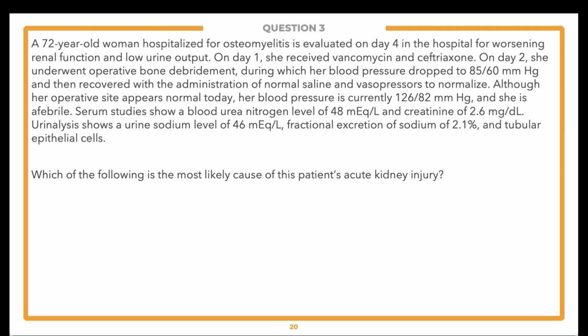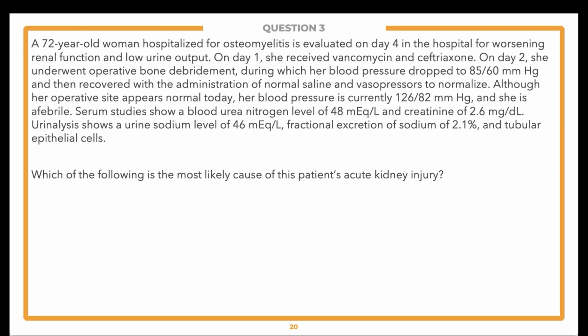A 72-year-old woman hospitalized for osteomyelitis is evaluated on day 4 in the hospital for worsening renal function and low urine output. On day 1, she received vancomycin and ceftriaxone. On day 2, she underwent operative bone debridement, during which her blood pressure dropped to 85/60, and then recovered with the administration of normal saline and vasopressors.